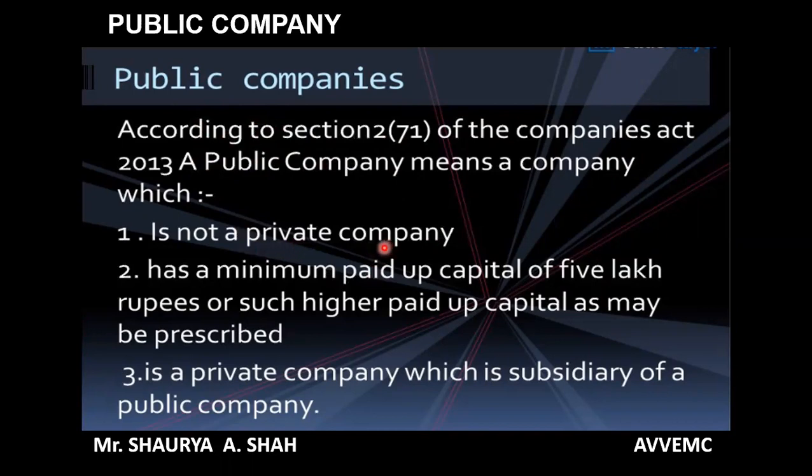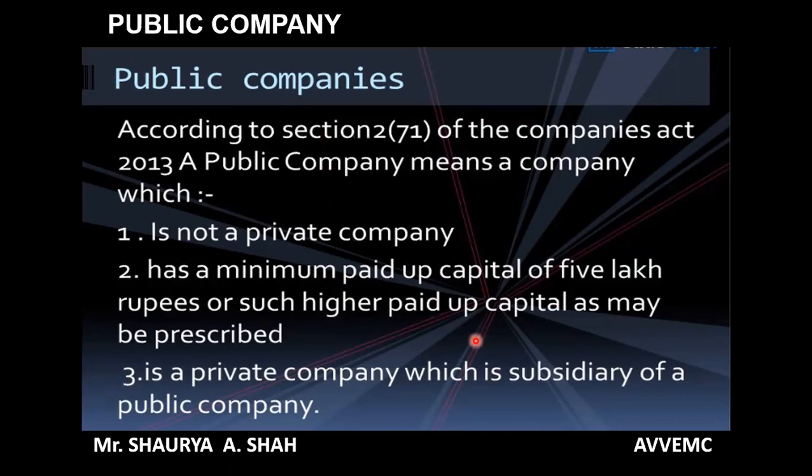Now what is a private company, that we'll see today, but for this particular point of time you need to just remember a company which is not a private company is a public company, has a minimum paid up capital of 5 lakh rupees. Now you all are very much clear with the paid up capital concept also, we saw the examples for it. Fine. So it has a minimum paid up capital of 5 lakh or higher.